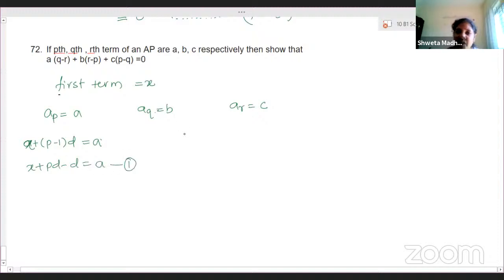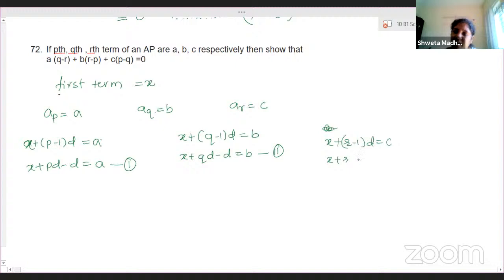Now the qth term is B, that means X plus (Q minus 1) into D is equal to B. So X plus QD minus D is equal to B. This is equation 2. The third one, the rth term, is X plus (R minus 1) into D equal to C. So X plus RD minus D is equal to C. This is the third equation.